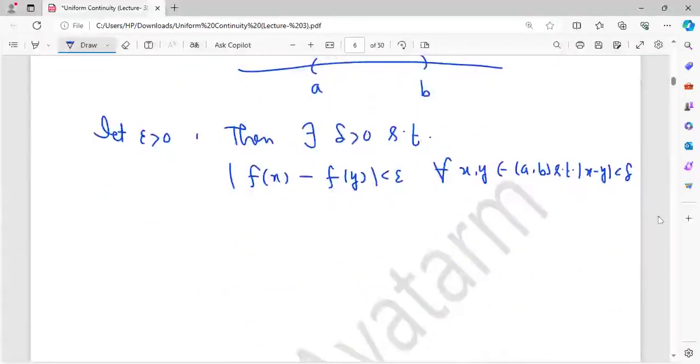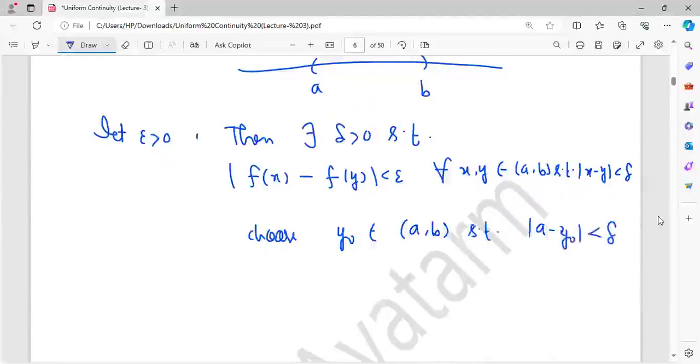Now choose y naught belonging to (a, b) such that the difference of a and y naught is less than delta. We can choose it. Now if you take any x in between a and y naught, then the difference of x with y naught will also be less than delta.